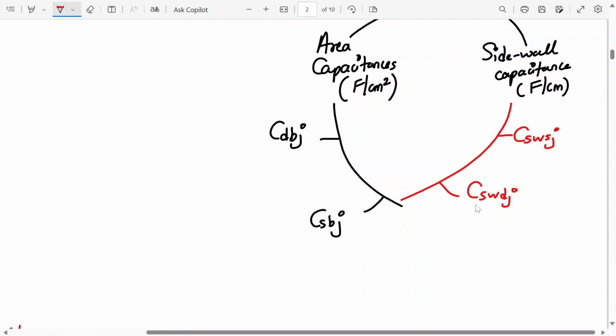Now both of these capacitances are voltage dependent. They depend upon the applied reverse bias voltage. So both the area and sidewall capacitances are voltage dependent, or they depend upon the large signal switching, which is a large change in the voltage.